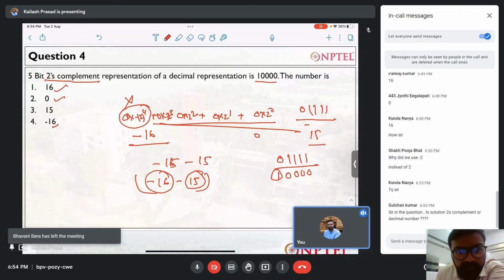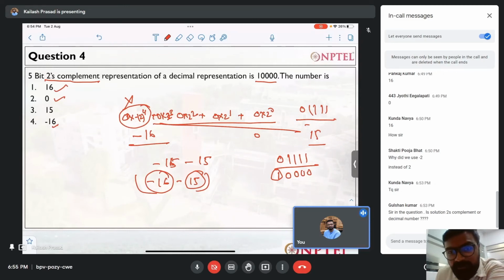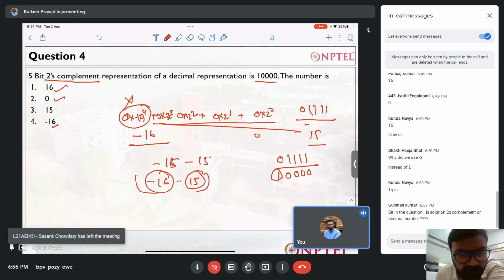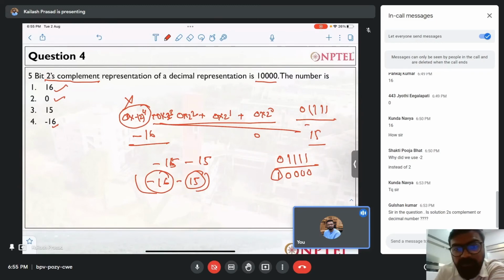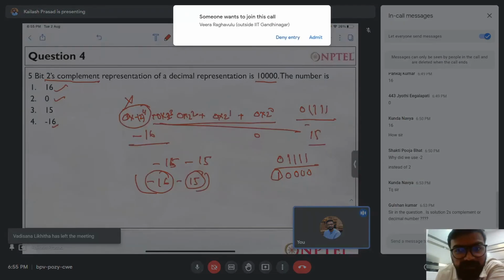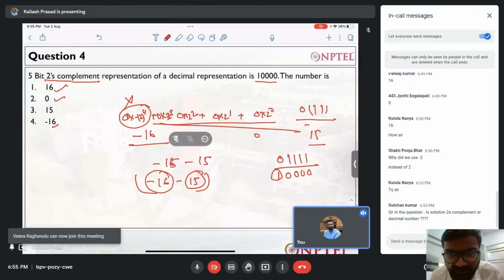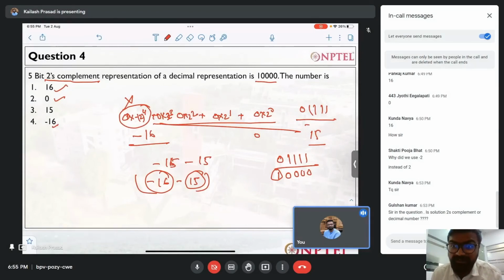If I have a positive number, what is the representation in binary, and is there any difference between binary and 2s complement form? No, you do not have any difference. So if I ask to represent a positive number in 2s complement form, the number will be as it is. 2s complement is only valid for representing negative numbers.